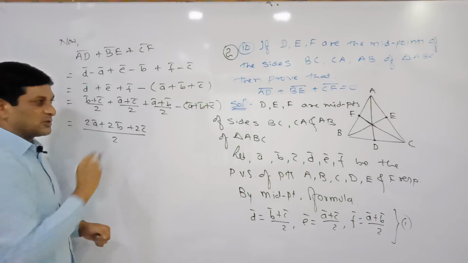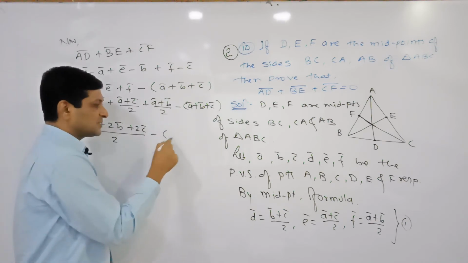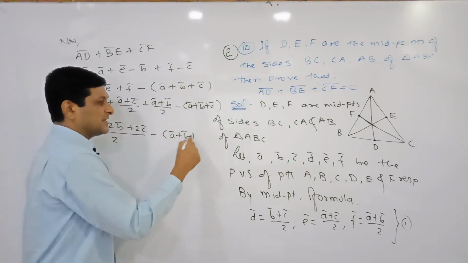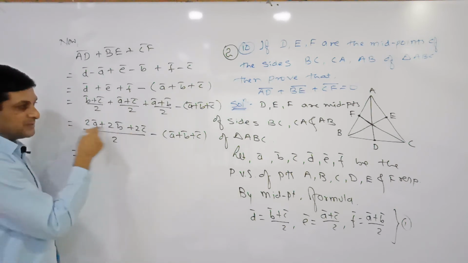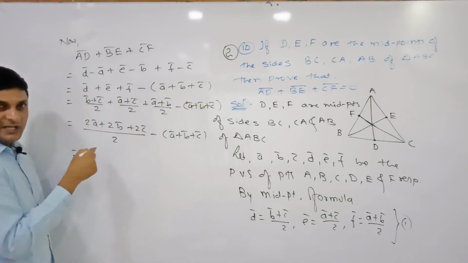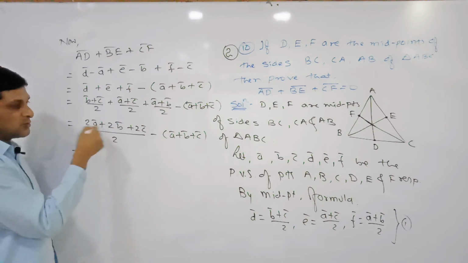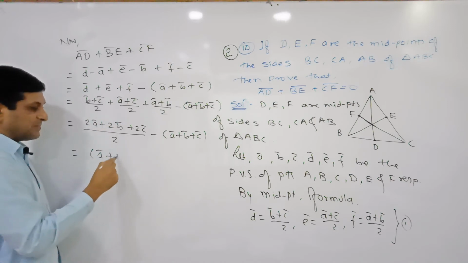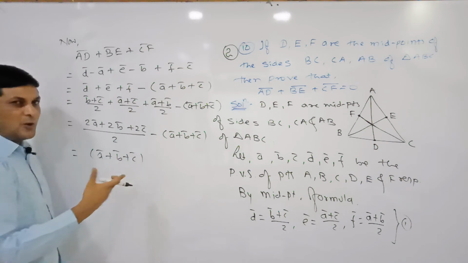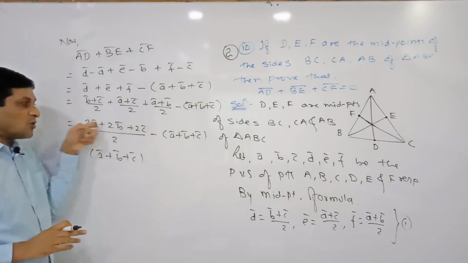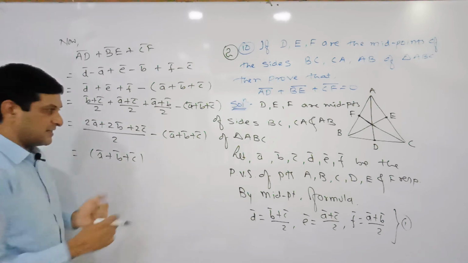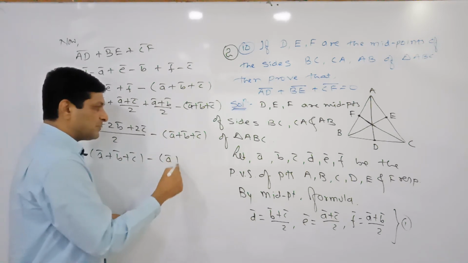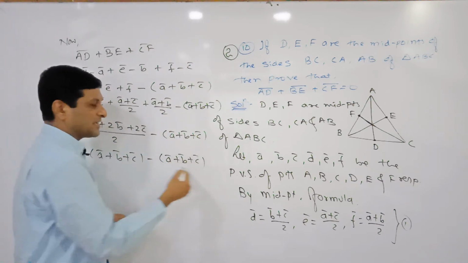In the denominator 2 stays as it is, and minus A bar plus B bar plus C bar also stays as it is. All the terms are divisible by 2, so take 2 common from these three terms, and that 2 gets cancelled with the denominator. We get A bar plus B bar plus C bar, minus A bar plus B bar plus C bar.